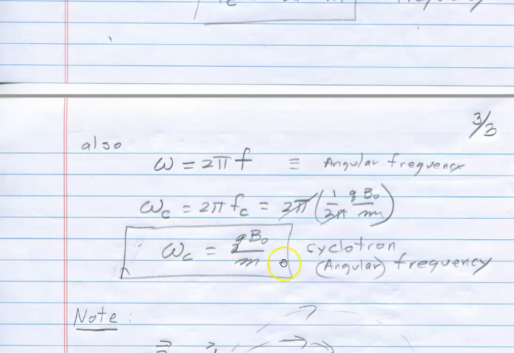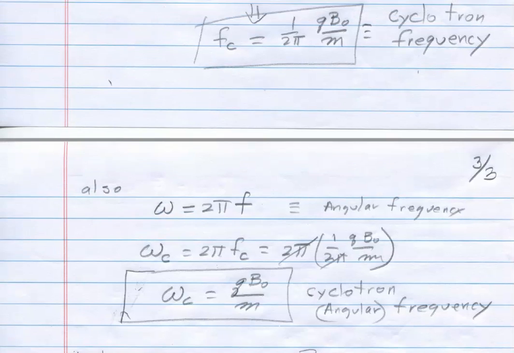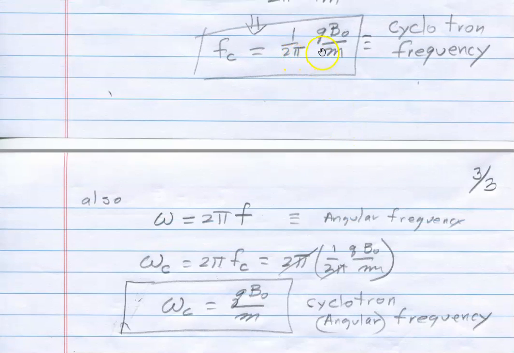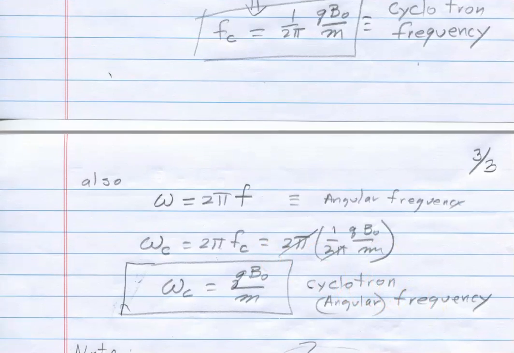That's really the one that I usually remember it in because I never remember whether it's 2 pi or 1 over 2 pi. You have to be a little bit careful because this is truly the cyclotron frequency, but sometimes people get a little sloppy and they know what they're talking about. They really should say cyclotron angular frequency for this one. They differ by this factor of 2 pi, but sometimes people get a little sloppy in their language and will call this the cyclotron frequency as well. And I may do it as we go later on.